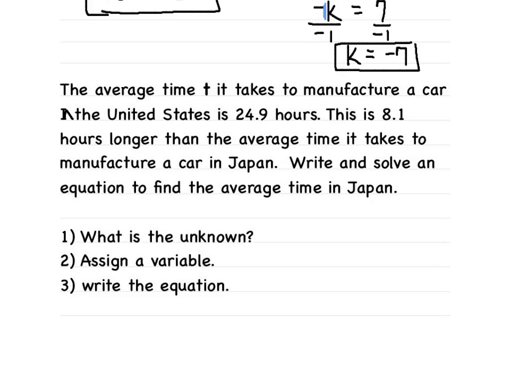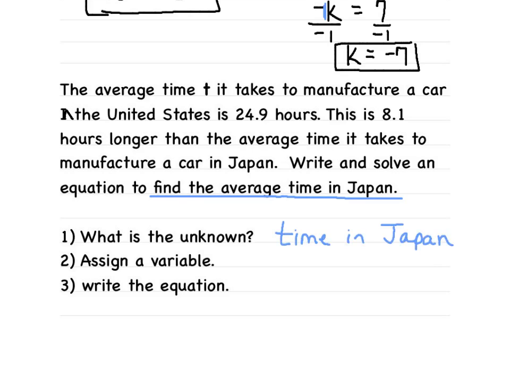Write and solve an equation to find the average time in Japan. The first thing we need to do is define what we're looking for. We want to find the average time in Japan. So we're looking for time in Japan.